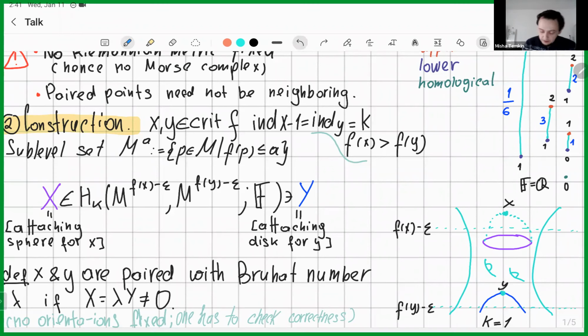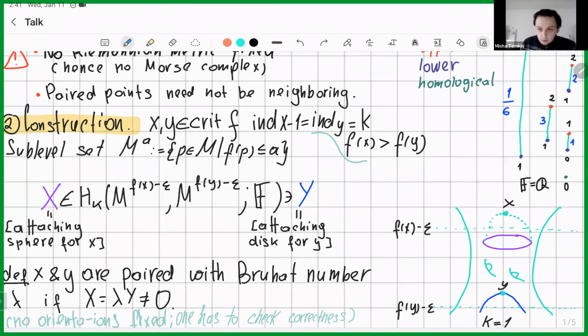If k equals 1, then I simply attach a two cell along a circle. This class is essentially not relative. It is an absolute class, so it actually lives here, but I want to consider it in the relative homology group just because I can. That's the first class.